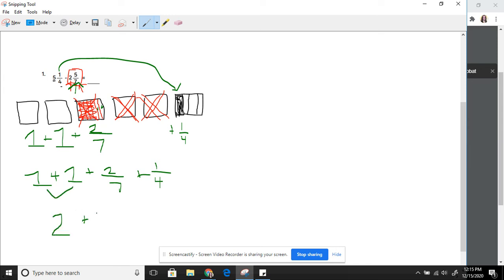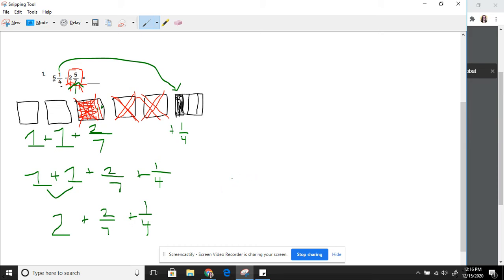So now I've got 2 plus 2 7ths plus 1/4. Okay, well, we learned last week or before Christmas break that we can add fractions only if the denominators are the same. Here we have a 7 and a 4. Those denominators are not the same. So we need to write out our multiples to find what a common denominator would be.